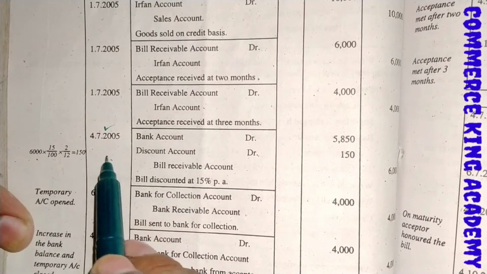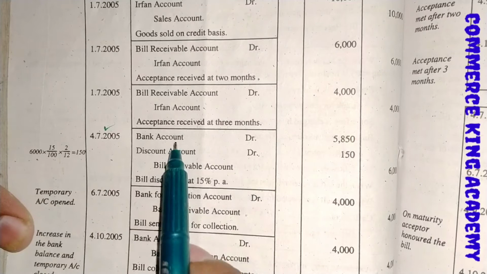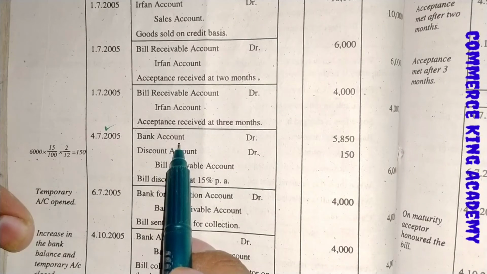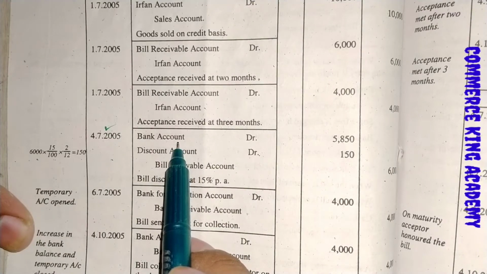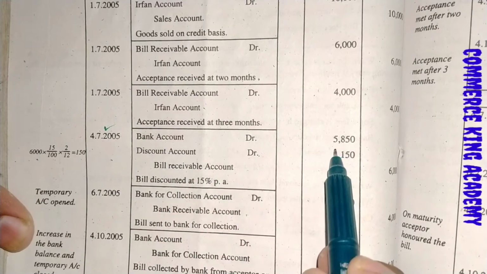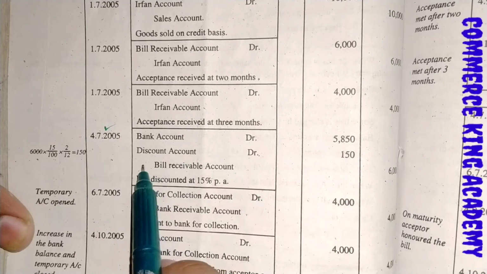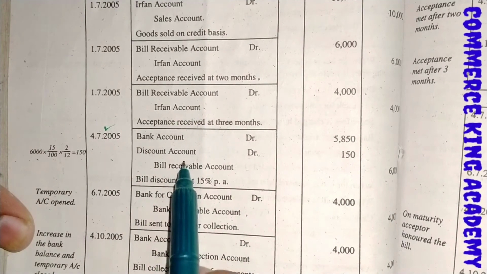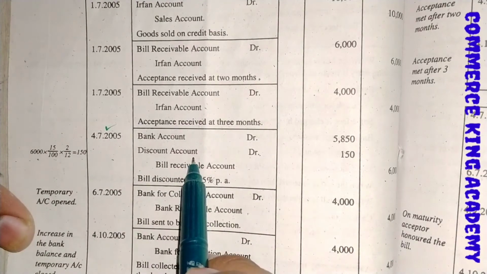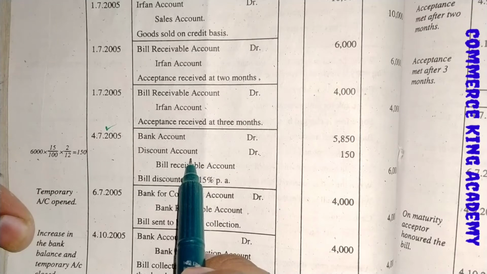So the entry will be: bank account will be debited in the journal of Mr. Imran with the amount 5,850.